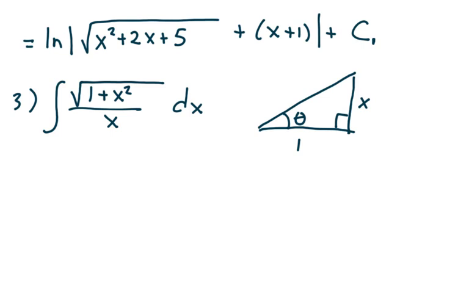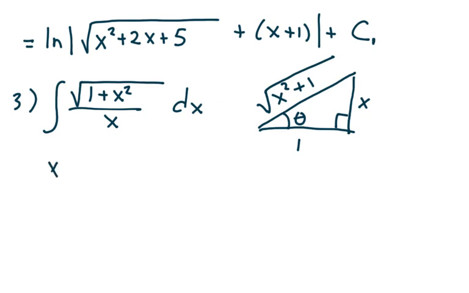So the side opposite to angle theta is x. The side adjacent to angle theta is 1. The Pythagorean theorem tells me that the hypotenuse is the square root of x squared plus 1. Let the triangle dictate the substitution. Okay? That's the name of the game here.